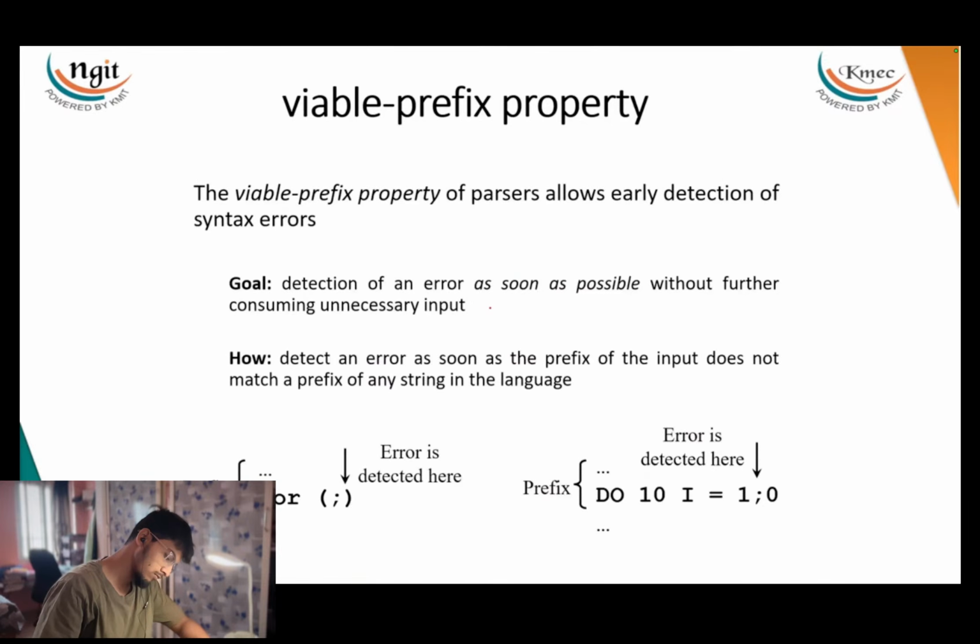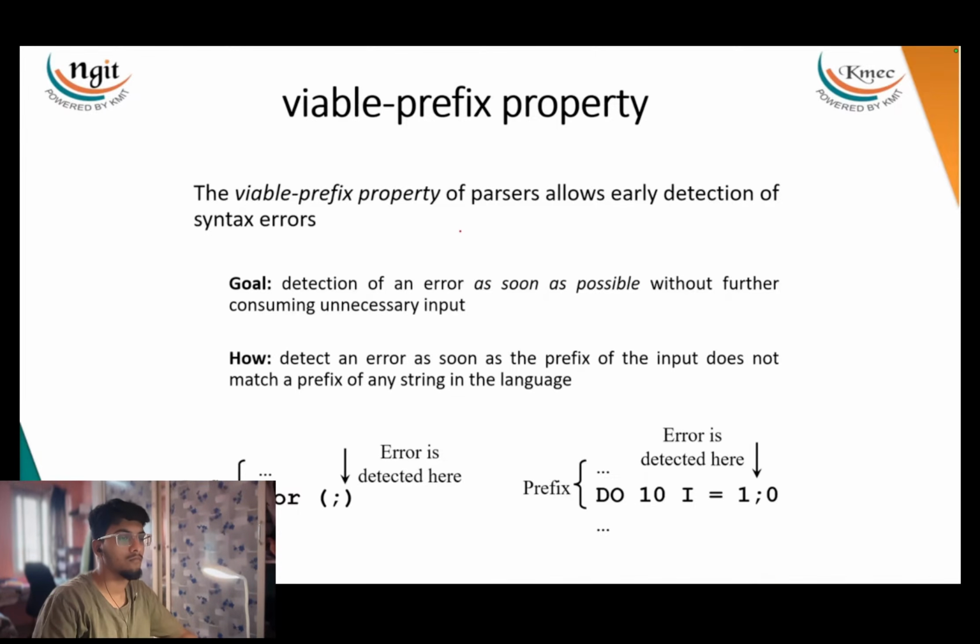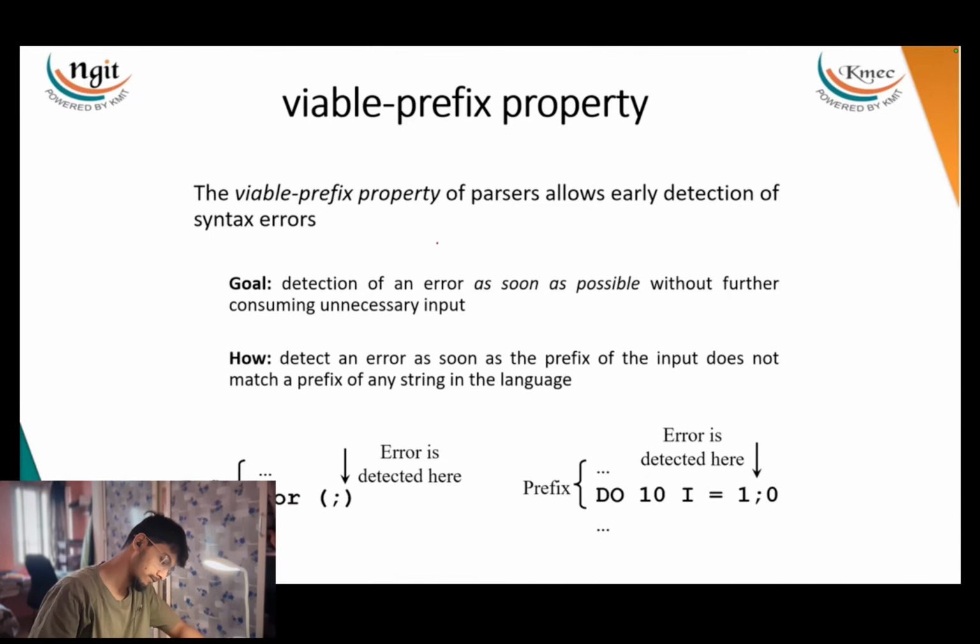Now while you are recovering from or detecting errors, we use a property called the viable prefix property. This will help you detect the errors. The main goal is detection of errors as soon as possible without further consuming unnecessary input.